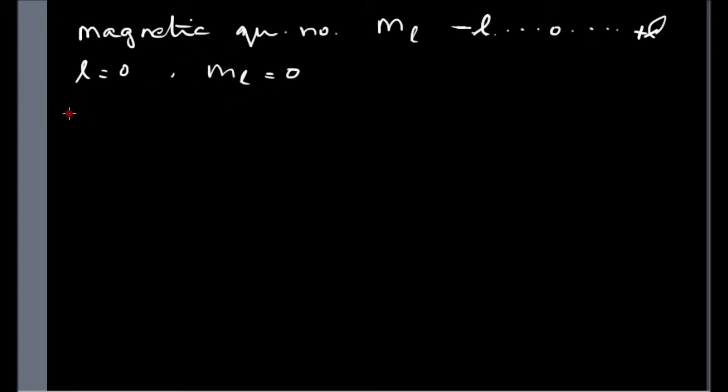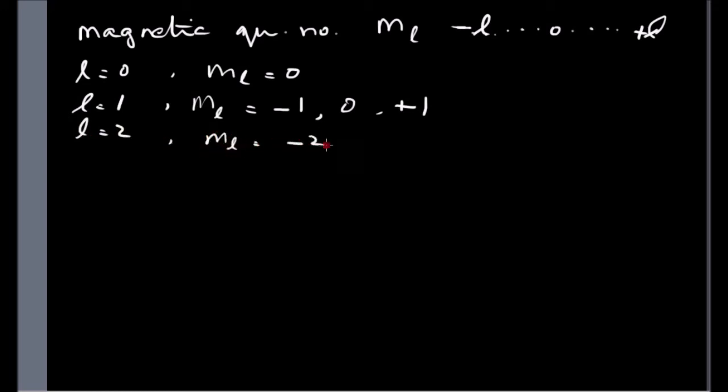When L is equal to 1, ml will have values of minus 1, 0 and plus 1. When L is equal to 2, ml will have values minus 2, minus 1, 0, plus 1, plus 2. So it gets 5 values for one value of L, that is L is equal to 2, and so on.